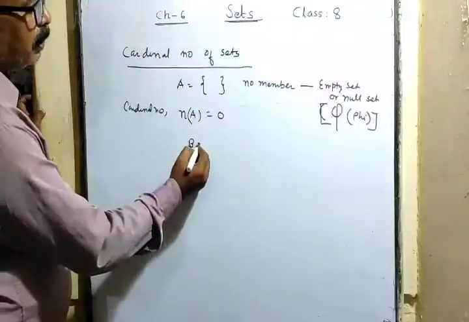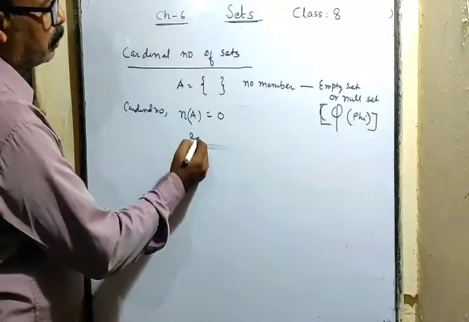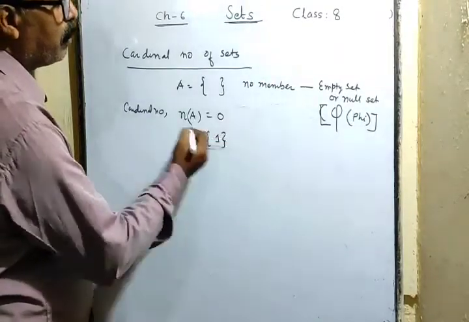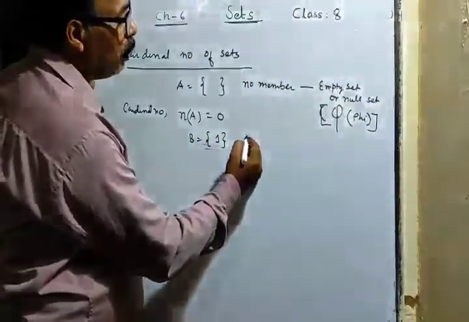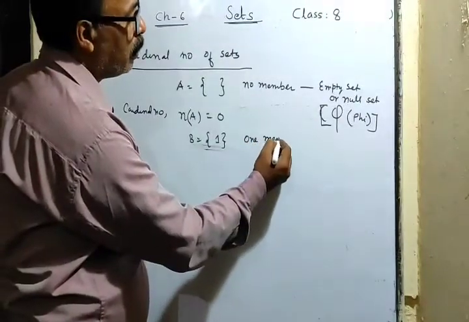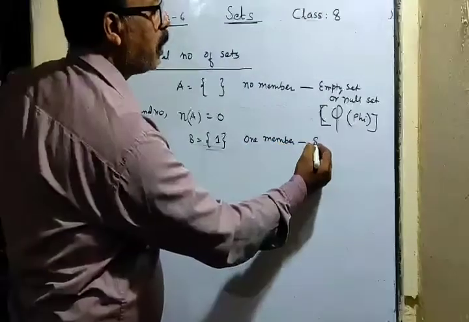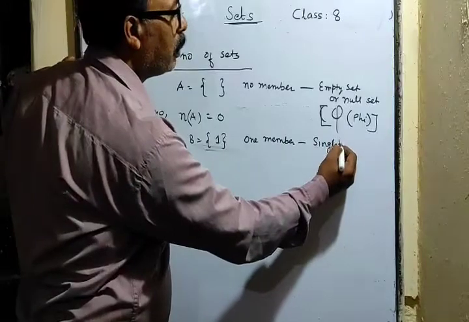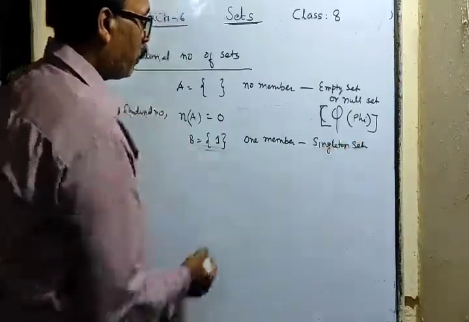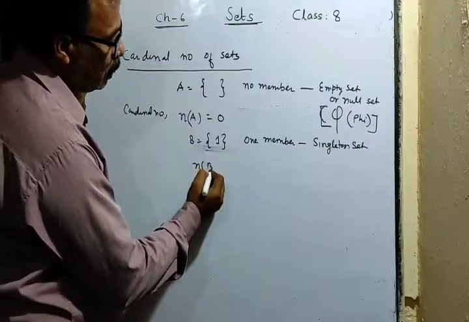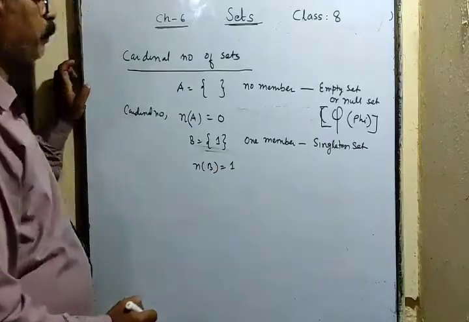Consider set B, which is given as {1}. So how many members? Only one member. Such sets are called singleton sets, and its cardinal number is 1.